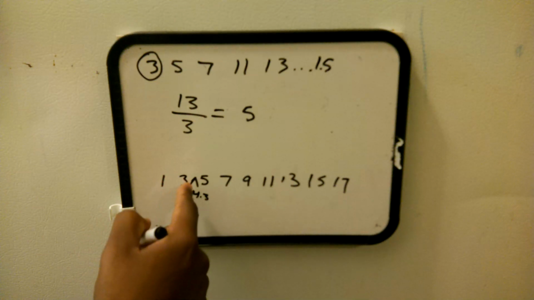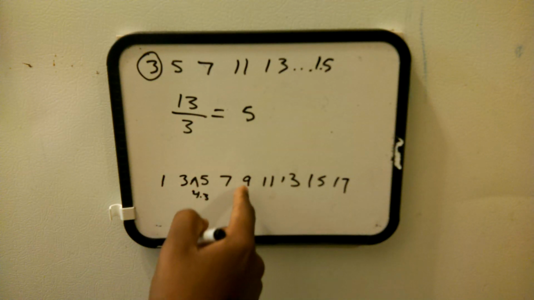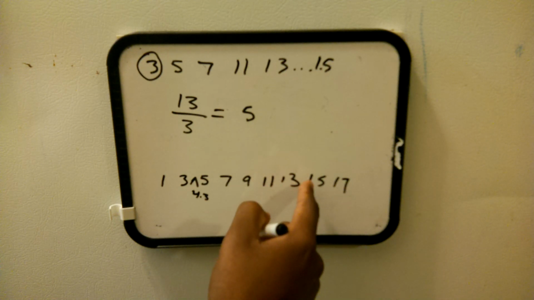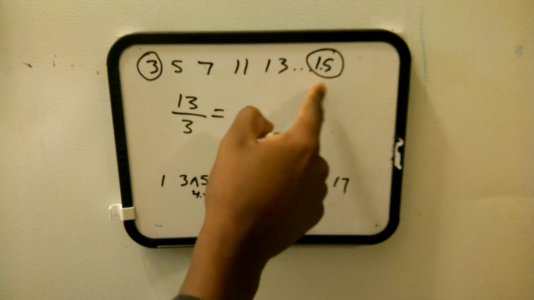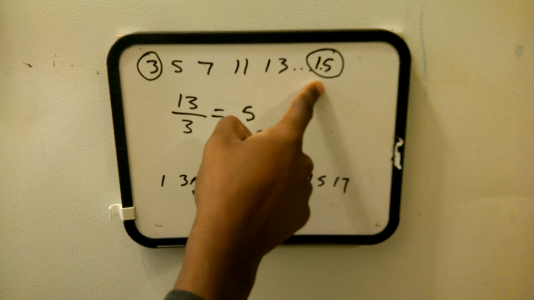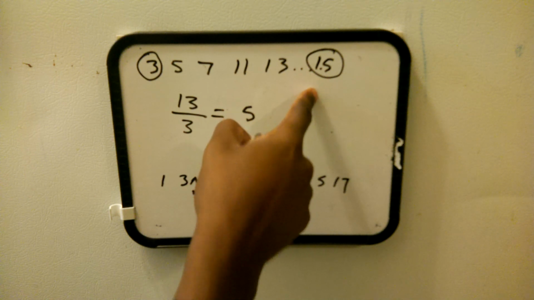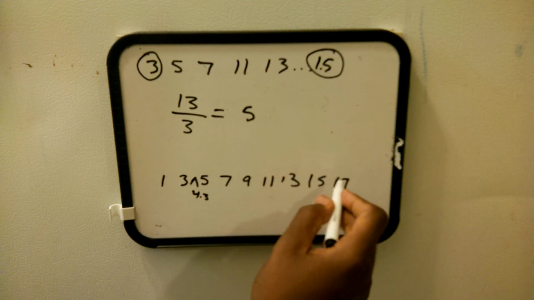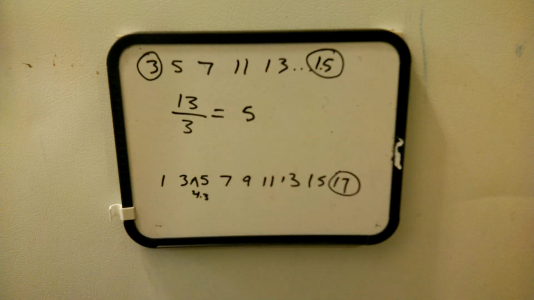See? 3, 5, 7, 9, 11, 13, and we got 15. So this is not a prime number, but that means that the next one is prime. So you go to the next odd number, and the next odd number is 17. Therefore, that is our new prime number, the next one. Okay? That's how you find prime numbers.